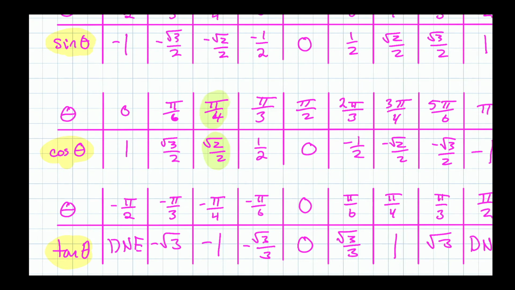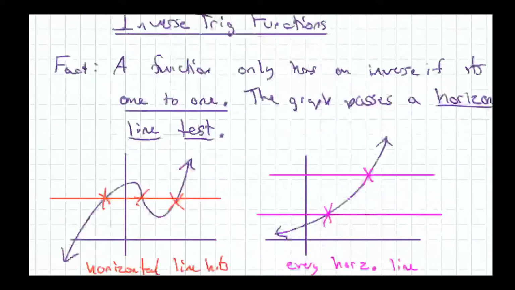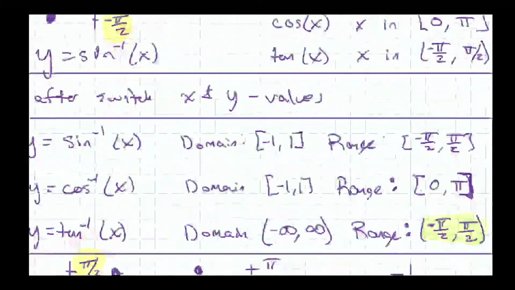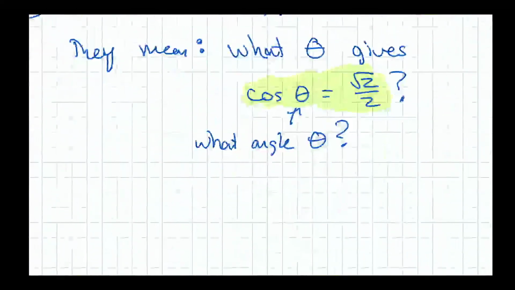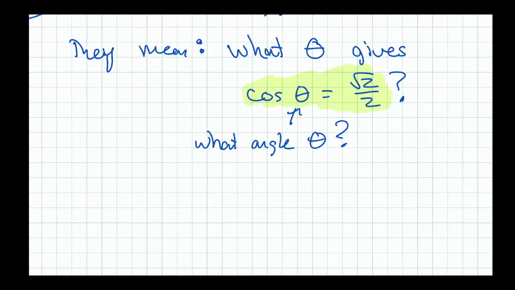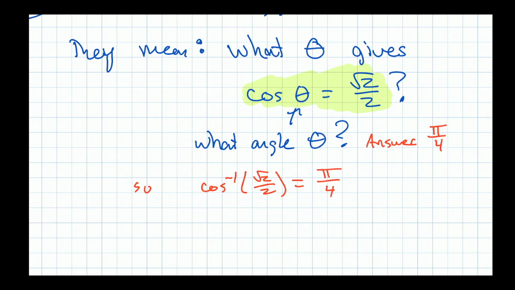Pi over 4. So you look up the square root 2 over 2, and then you find the pi over 4. So the answer here: what's cosine inverse of root 2 over 2? Pi over 4.